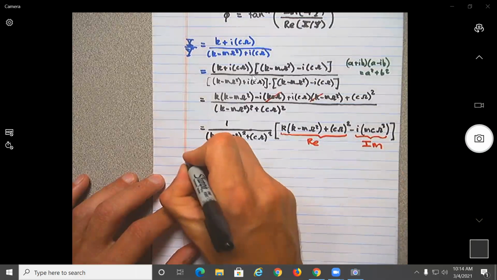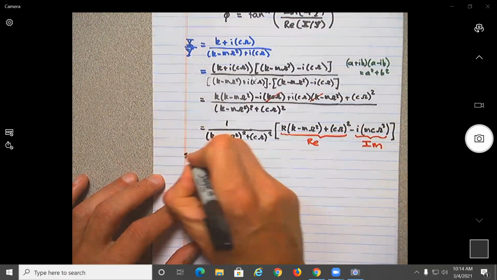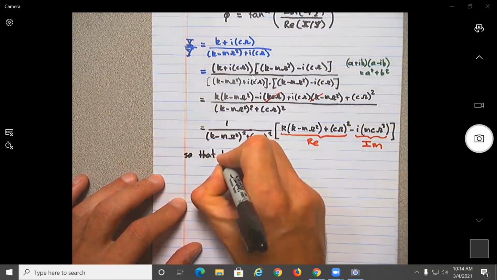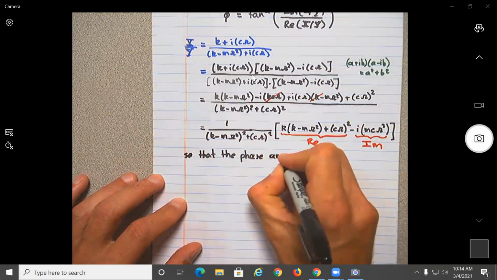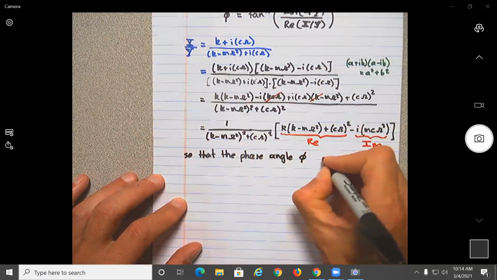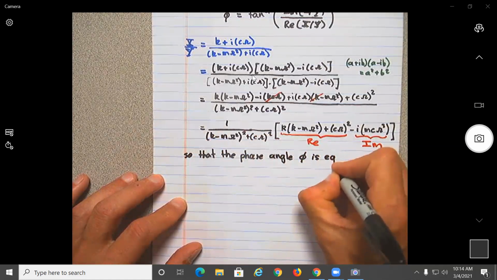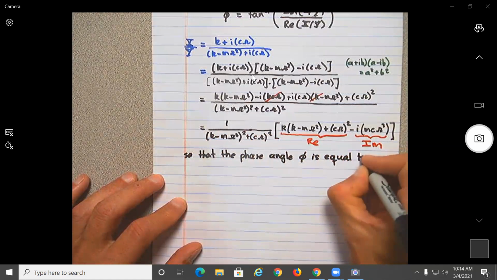All right, so that the phase angle phi is equal to what?